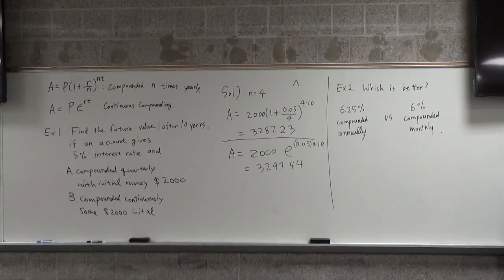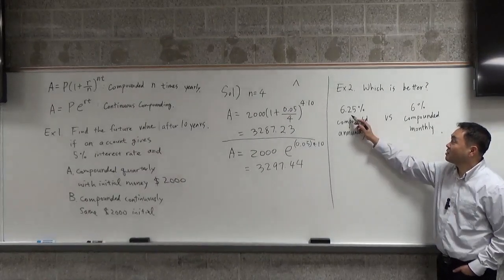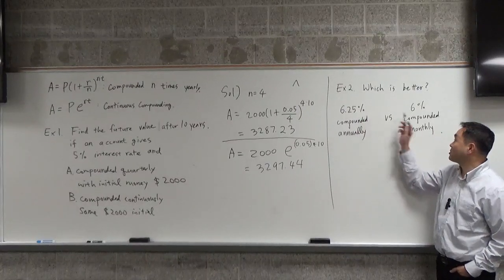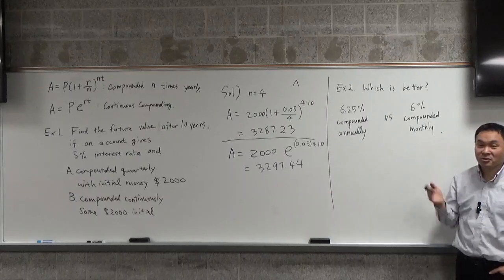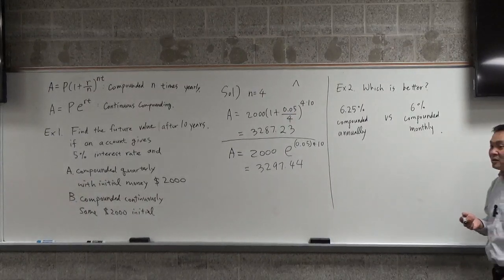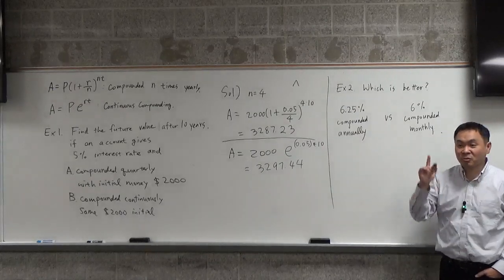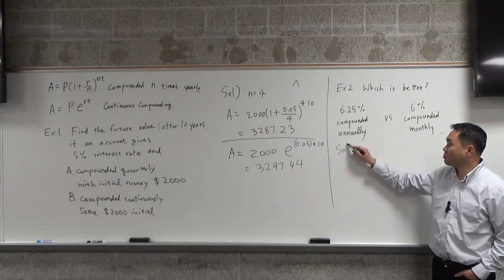For the raw number, this is bigger, but this is compounded more often. So at the end of 1 year, maybe this is better. Who knows, right? The only way to find this out is by trying to see what happens after 1 year. So here's the solution.